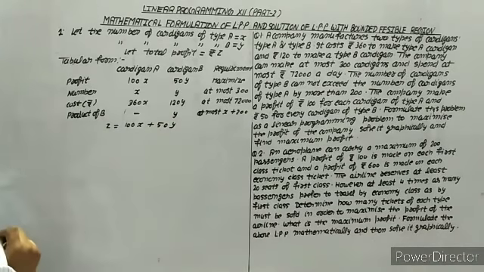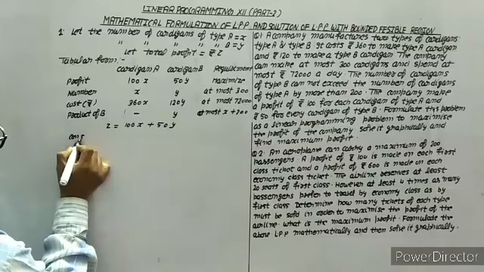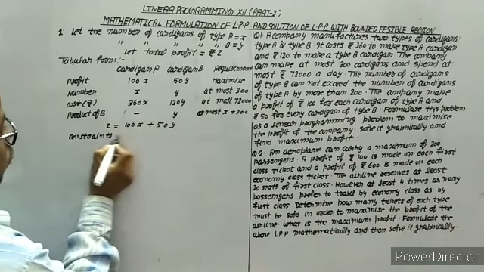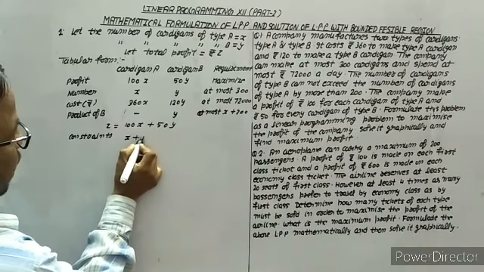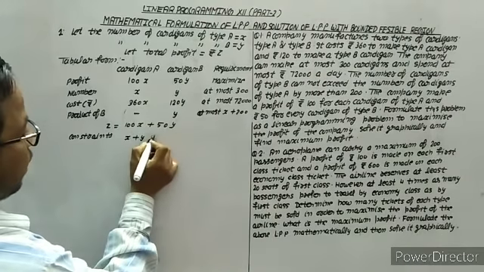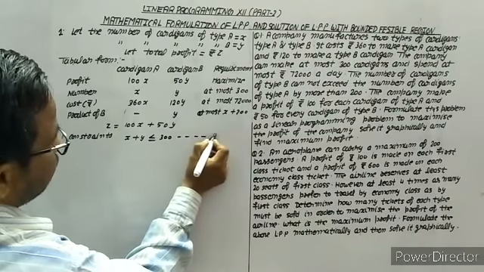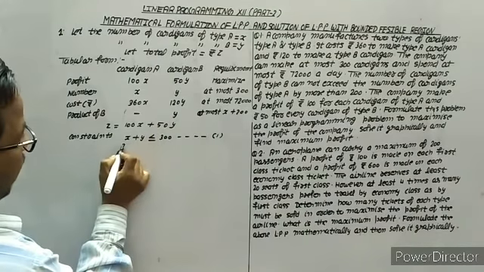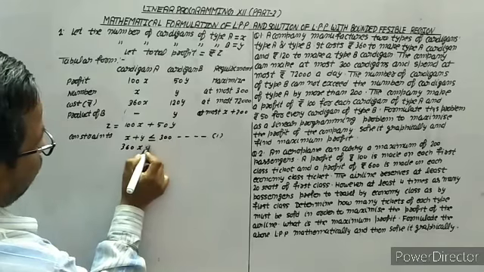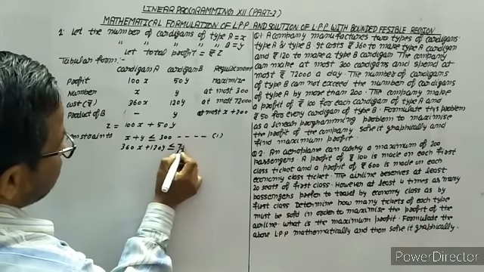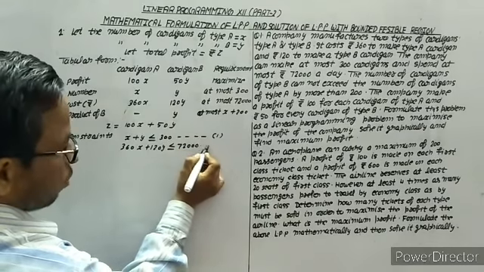This is the objective function, and the constraints are: x plus y at most 300, it means less than or equal to 300. This is the first constraint. And 360x plus 120y at most 72,000, it means less than or equal to 72,000.